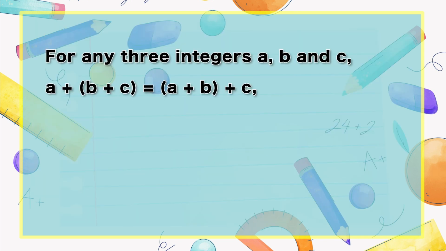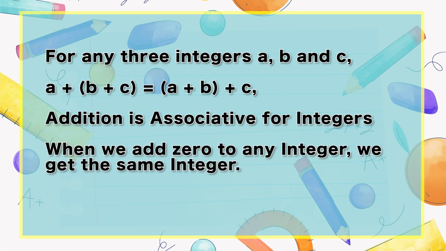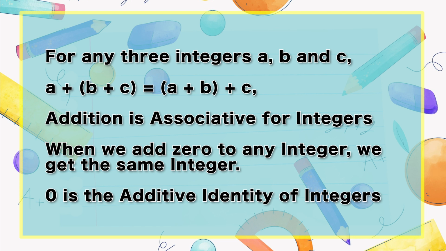For any three integers a, b and c, a + (b + c) is equal to (a + b) + c, or addition is associative for integers. When we add 0 to any integer, we get the same integer, and 0 is called the additive identity of integers.